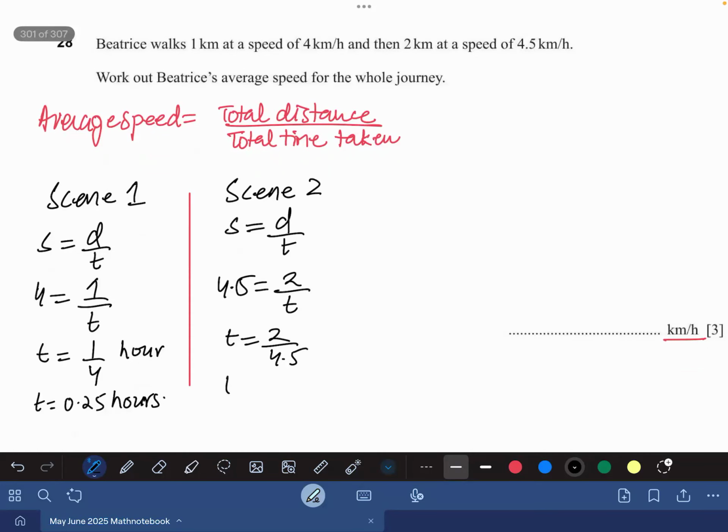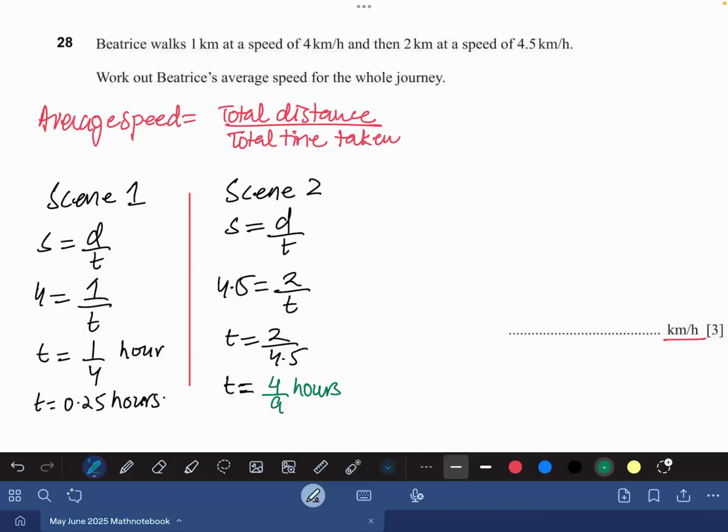Let's do that. Beta, tell me what 2 divided by 4.5 comes to, quickly. Sir, 0.444. What is it in fraction? 4/9. Okay, time is 4/9 hours.